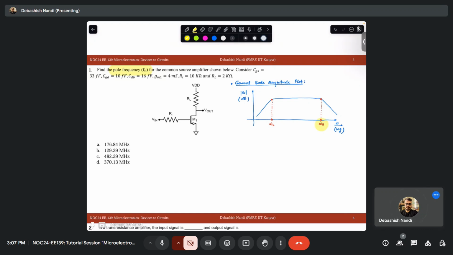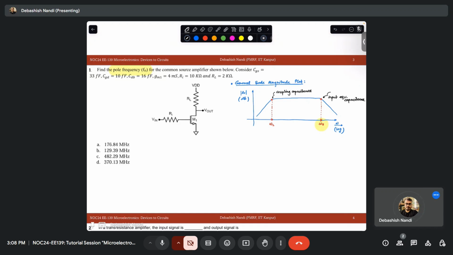Now, as we have pointed out several times, this pole corresponds to the coupling capacitances, and this pole corresponds to the input equivalent capacitance.